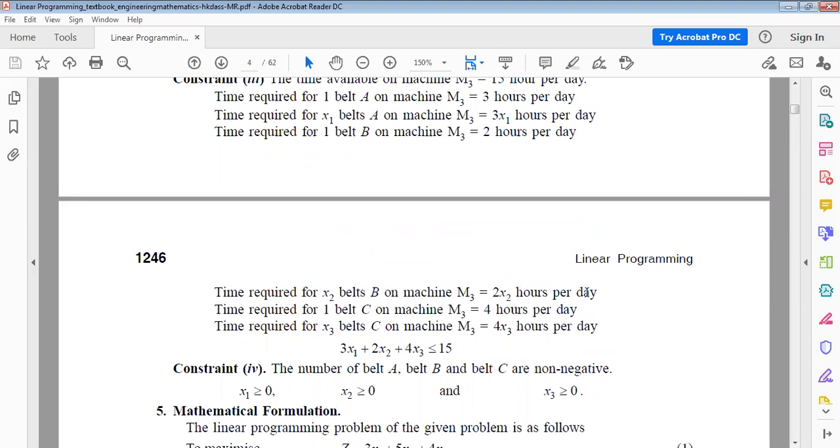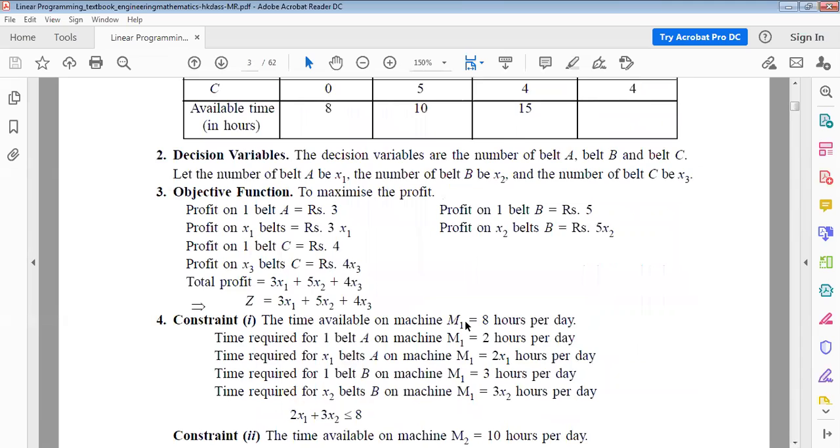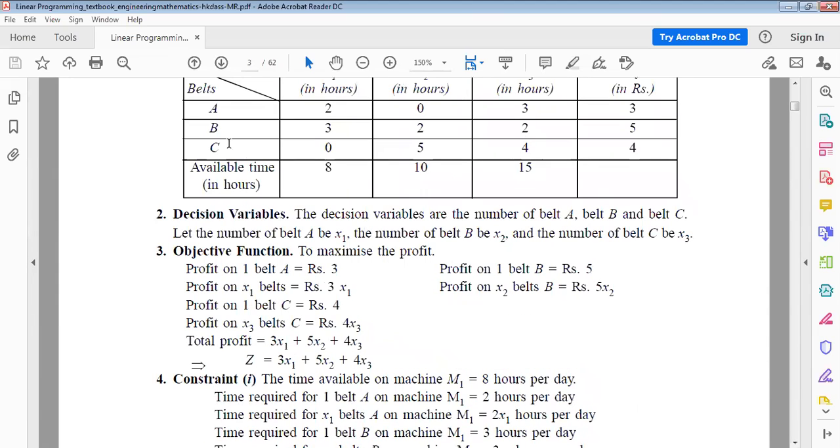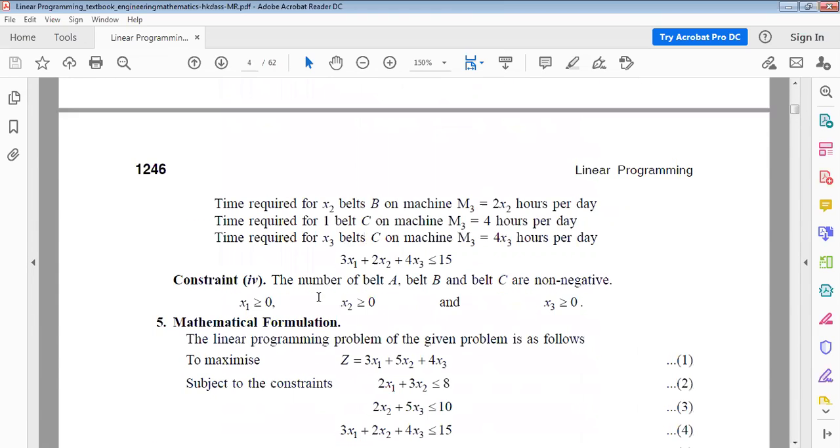The time required for one belt C in machine M3 is 4 hours, so for x3 belts of C, it is 4x3 hours per day. This is less than or equal to 15. Now the constraints you must know: the number of belts of A, B, and C produced can never be negative.